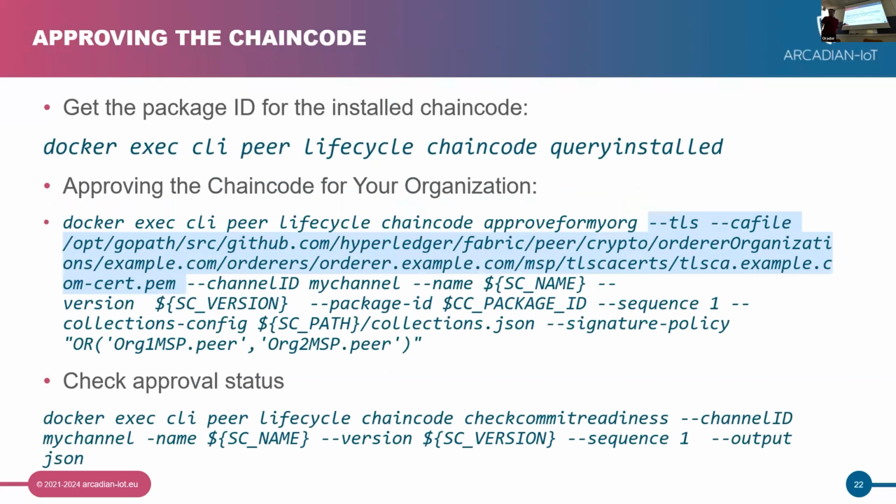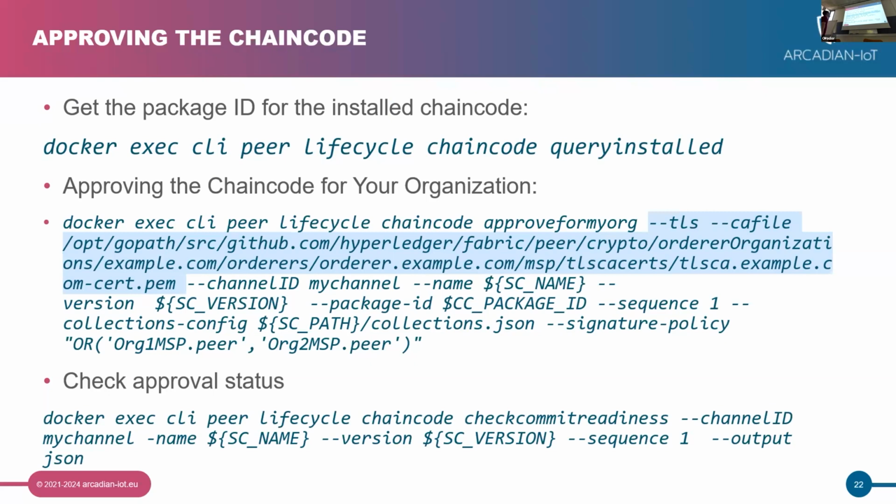Then after the installation, you need to approve the chain code. In order to use a chain code, to avoid people putting malicious chain code, every organization has to approve the chain code. So the chain code that we are using is trusted by every organization.